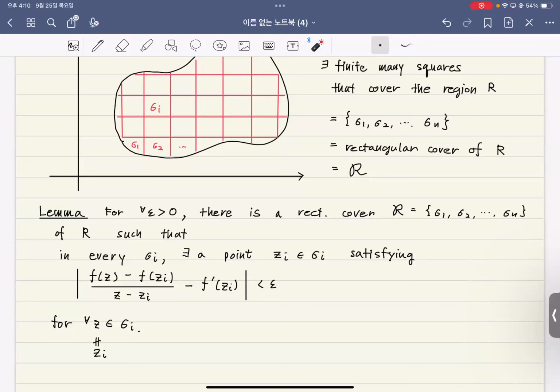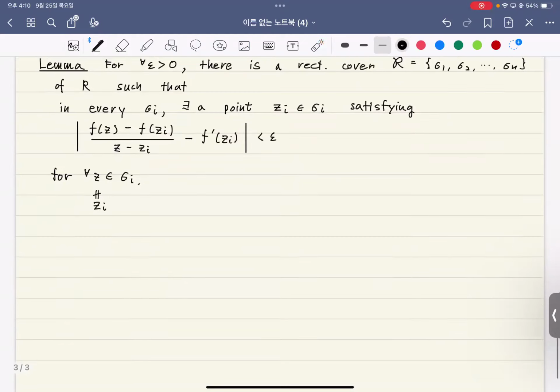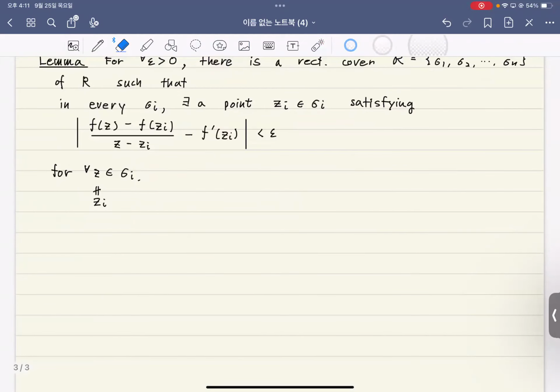That is the claim of this lemma. Let me try to prove that. This is one of the most crucial lemmas, the most important lemma to prove the Cauchy-Goursat theorem.